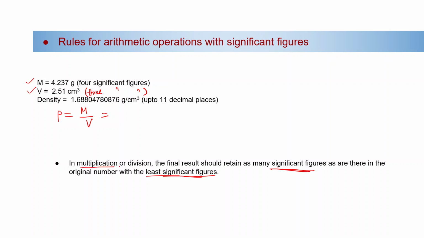This is for the case of multiplication or division only. So when we multiply or divide such quantities, the final answer should have as many significant figures as the original number with the least significant figures. Here one measurement had four significant figures, another had three, and when we divide these two, our final answer will have three significant figures only.